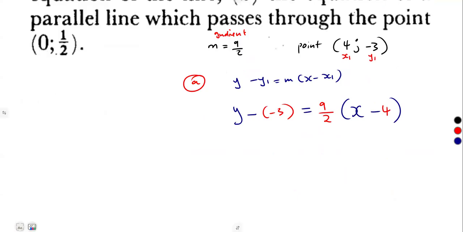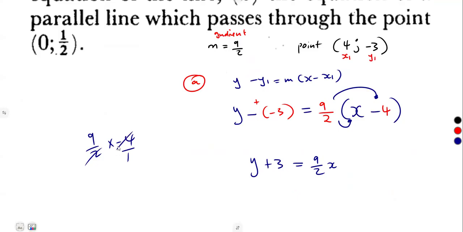All right, so let us make y the subject of the formula. Minus, that's a plus. y plus 3 is equal to, expand brackets, multiply by 9/2. 9/2 times this, negative 4/1, that's going to be negative 2. 9 times minus 2, that's minus 18. So y is equal to 9/2x minus 18.